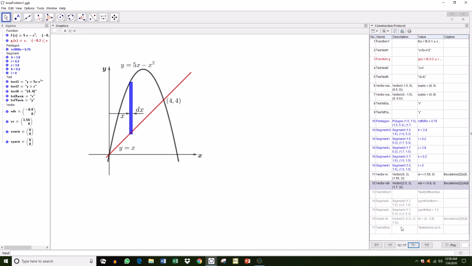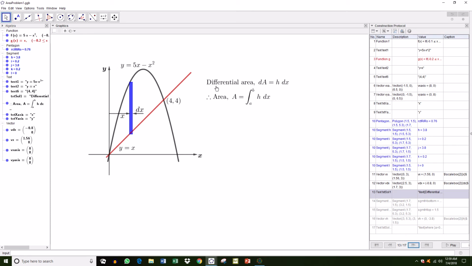But you would agree that the differential area, that means the area of this itty bitty rectangle, is h times dx, right? And now, when we want the entire area, all we need to do is integrate dA.